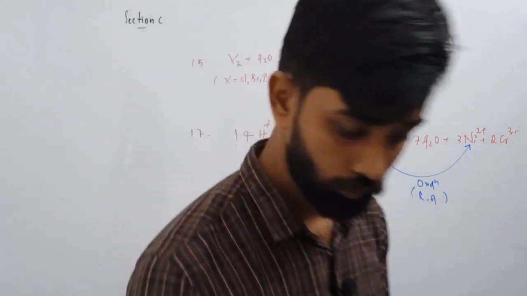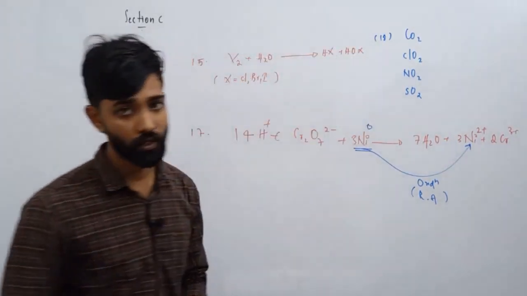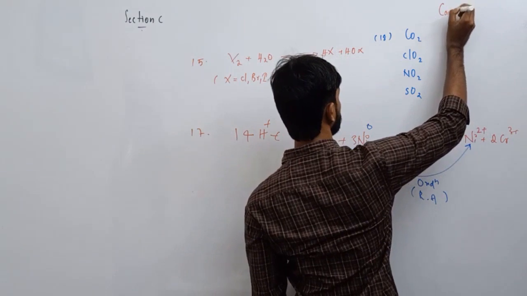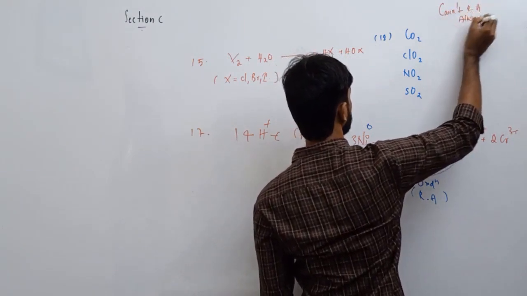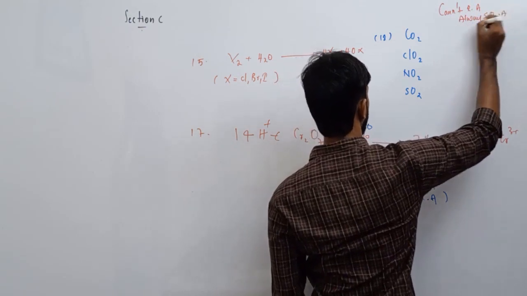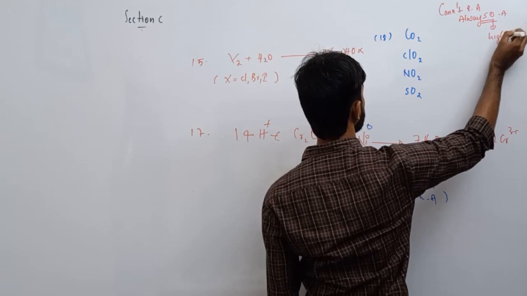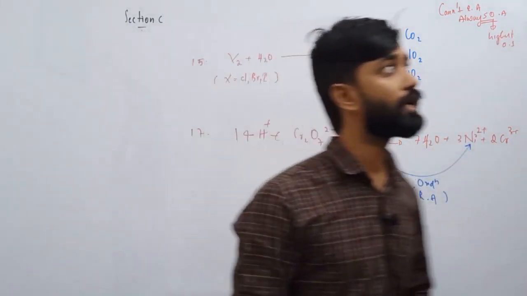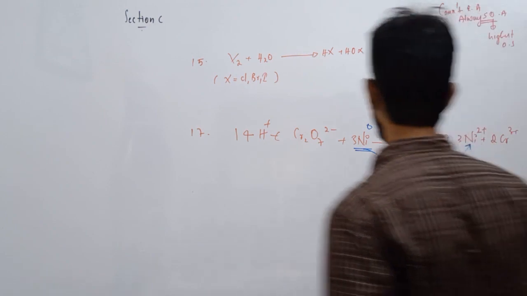The oxide which cannot act as a reducing agent means the oxide which is always an oxidizing agent. Always oxidizing agent means that the element should be in its highest oxidation state, right? It is already discussed. If that element is in the highest oxidation state, then it can always act as an oxidizing agent.